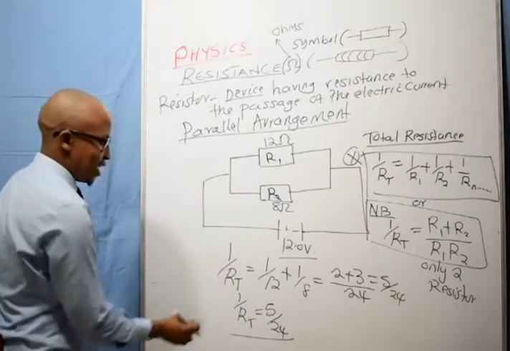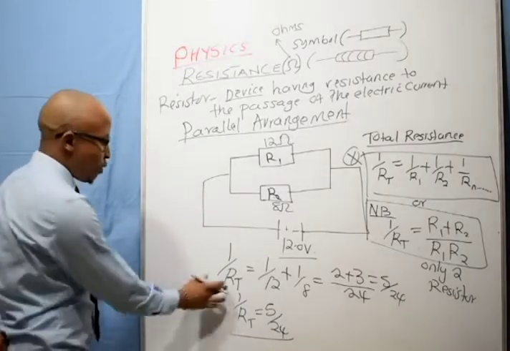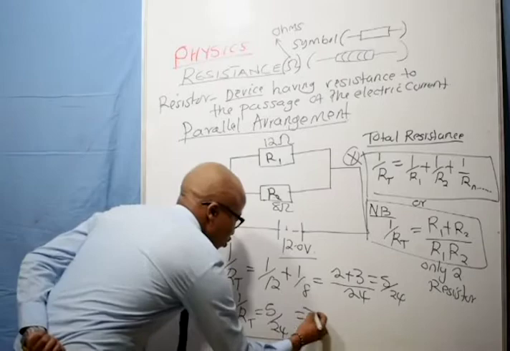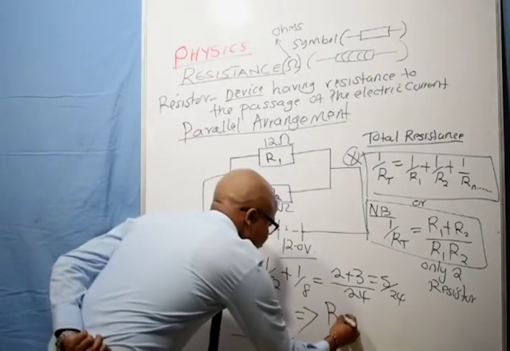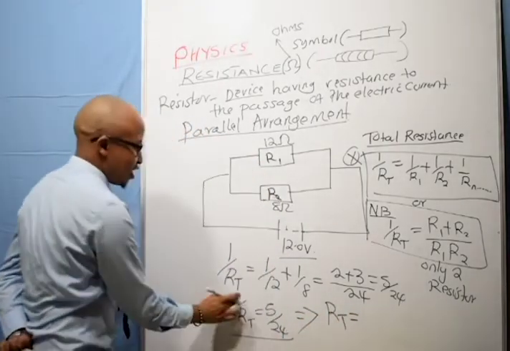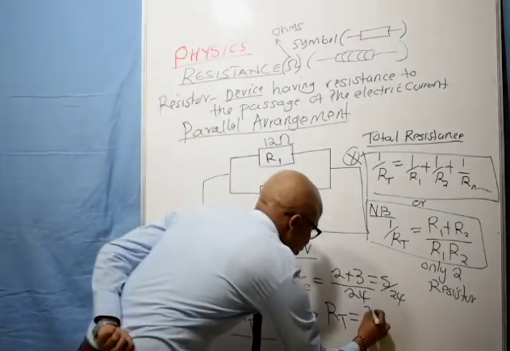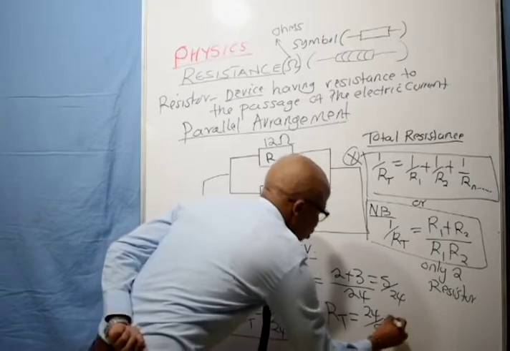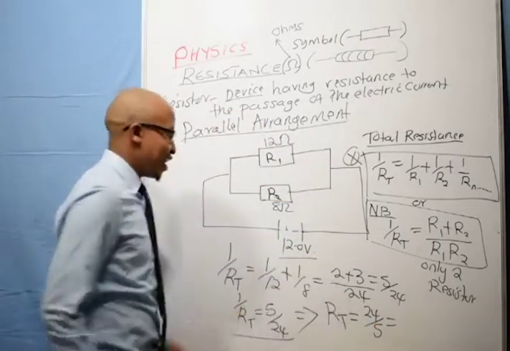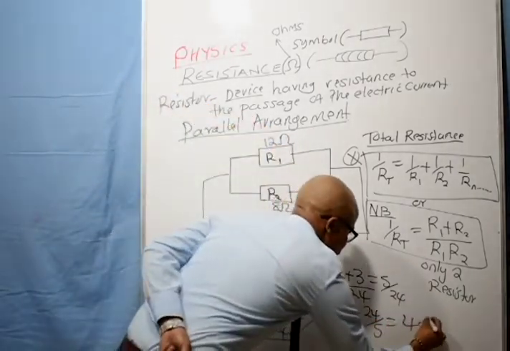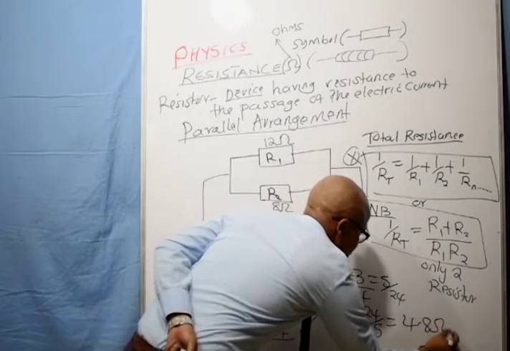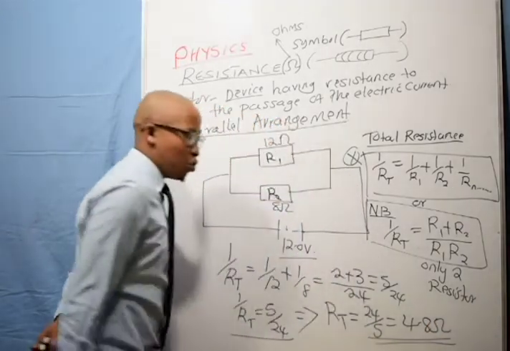That's not the answer. Can you get the reciprocal? So RT is equal to the reciprocal, which becomes 24 over 5. Use your calculator and you're going to see it is equal to 4.8 ohms.